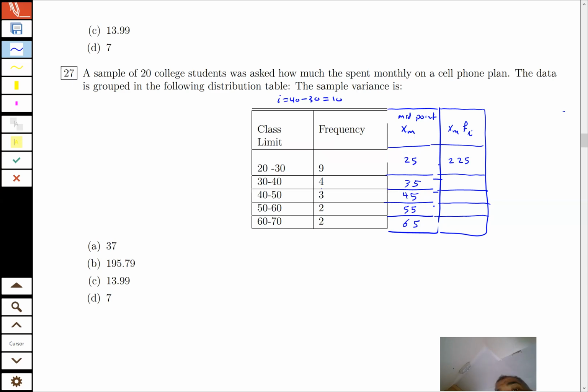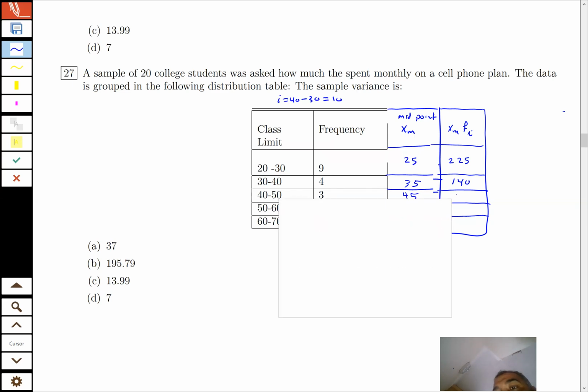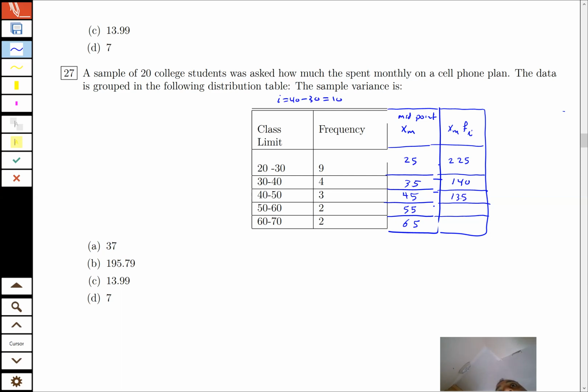Then 4 times 35, we will get 140. And 3 times 45, we will get 135. And 2 times 55, we will get 110. And we have 2 times 65, which is 130.